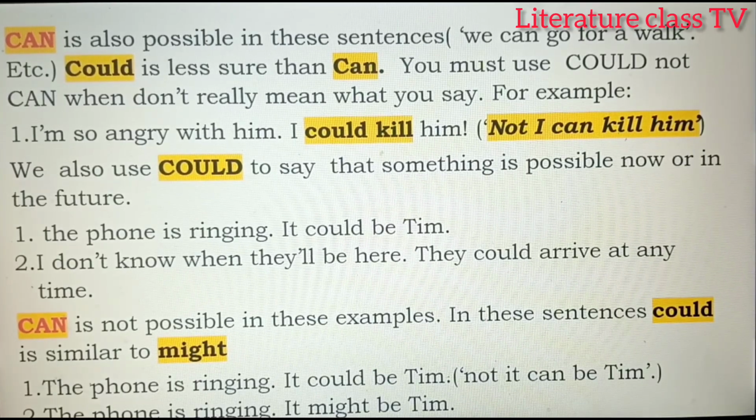The phone is ringing. It could be Tim. The phone is ringing. It might be Tim. It can be Tim. It is not correct.